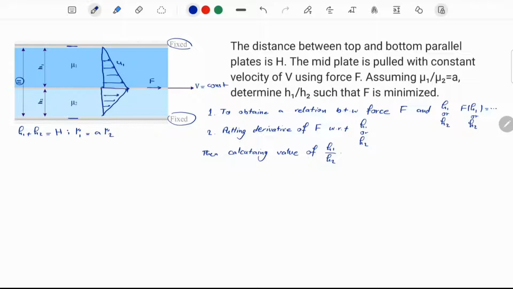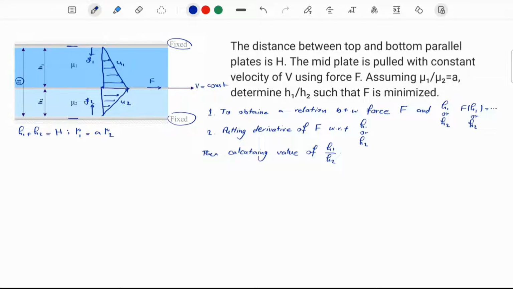I call the coordinates y1 from here and y2 from here. You may consider coordinates from any point you want, from the mid plate or both from the bottom plate, but this arrangement for coordinate origins is the most useful one to solve our problem, I think.